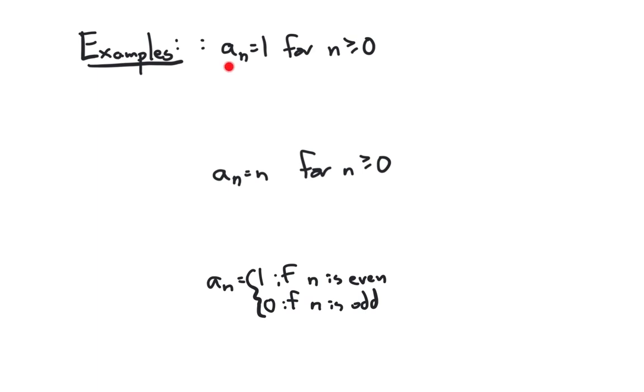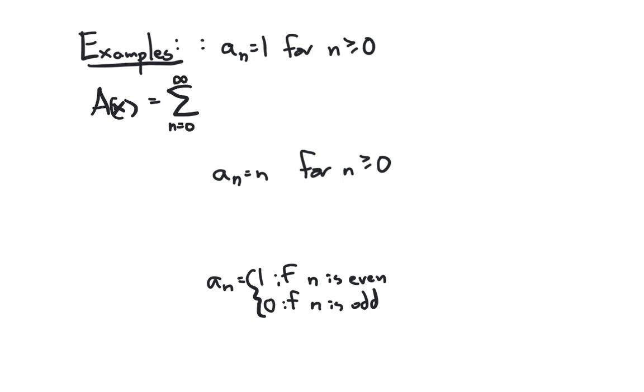So let's say that whatever we're counting, no matter what n is, there's only one of them. So all the A_n are 1. So we want to encode the sequence 1, 1, 1, 1, 1, just infinitely many ones, into a generating function. So what would this look like? Well, our A of x would be the sum from n equals 0 to infinity.